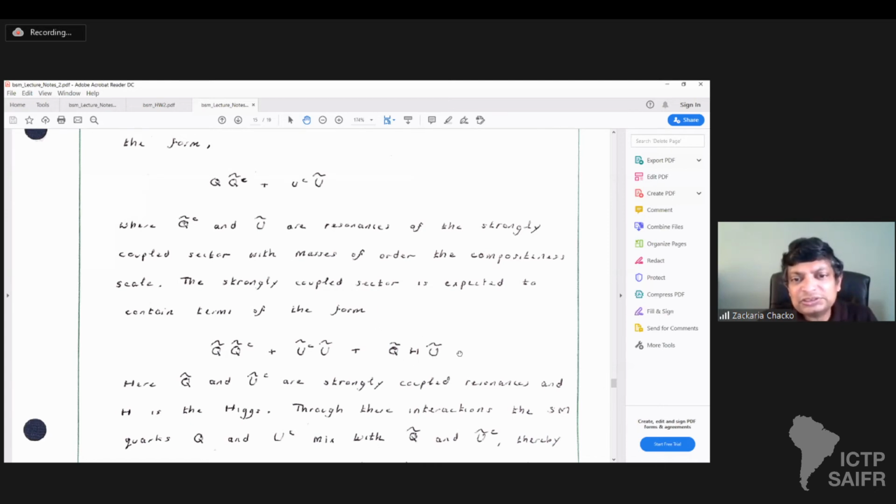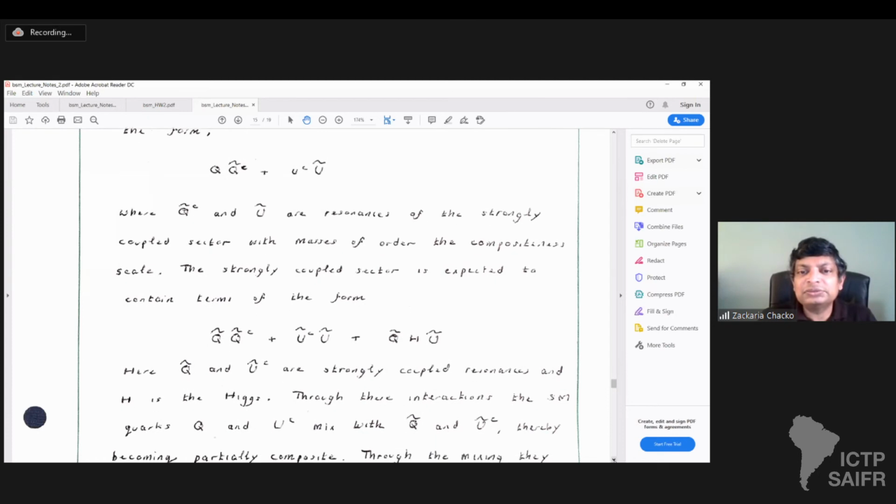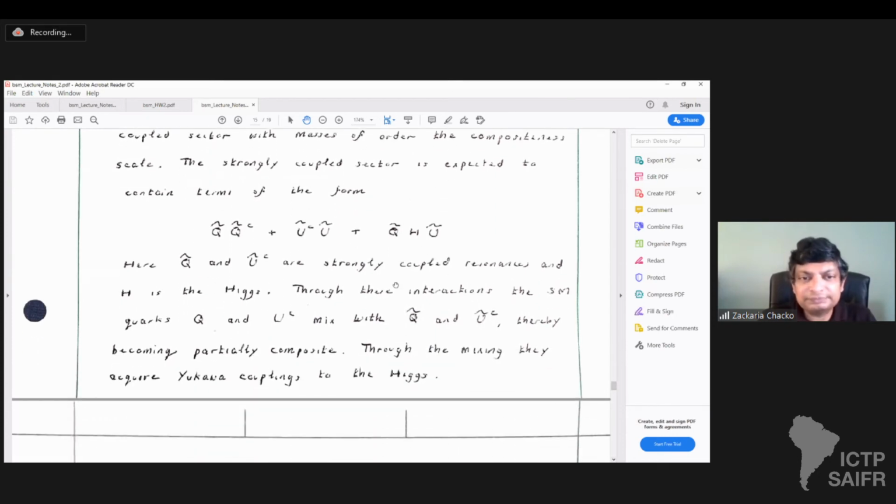Since these resonances have a Yukawa coupling with the composite Higgs, because of the mixing, the standard model quarks are going to get a Yukawa coupling with the Higgs. So the fermions of the standard model are now partially composite, and through their partial compositeness, through their mixing, they obtain Yukawa couplings with the Higgs. This is what's going on.